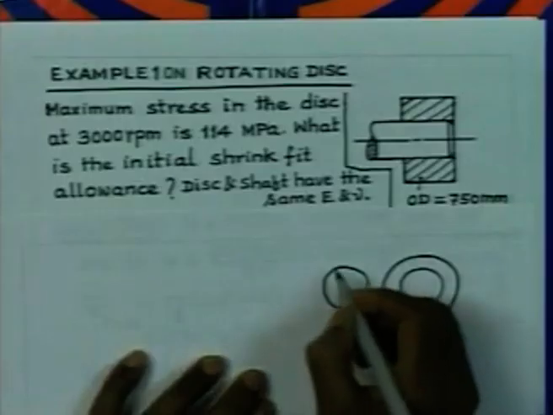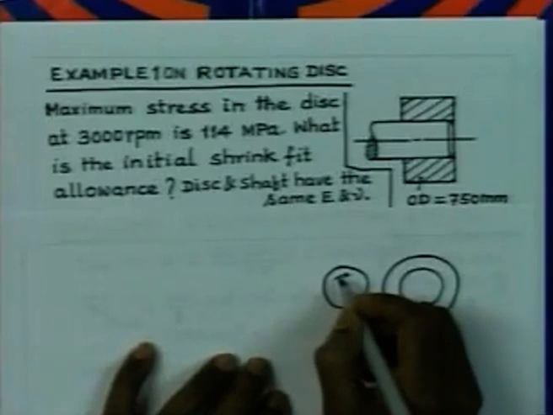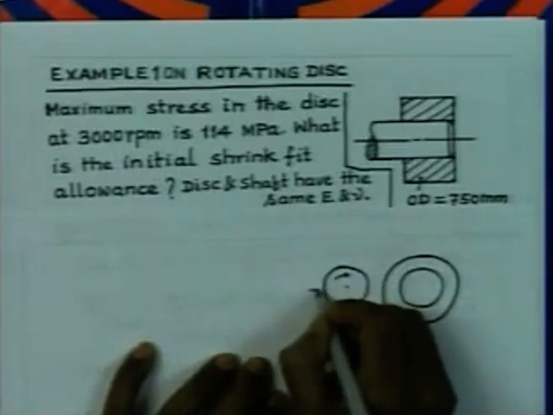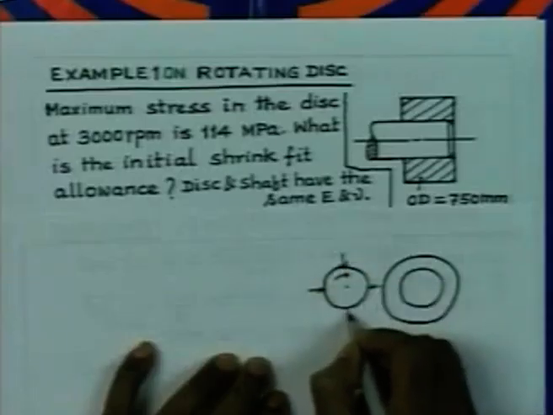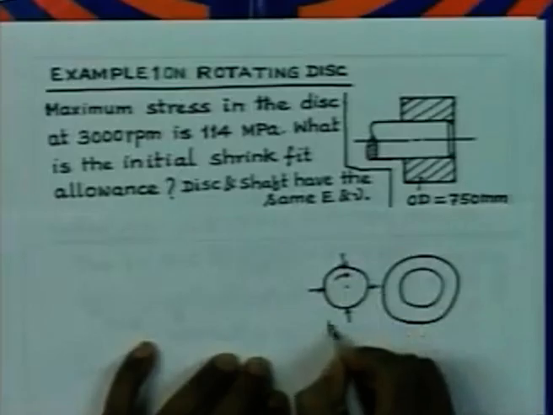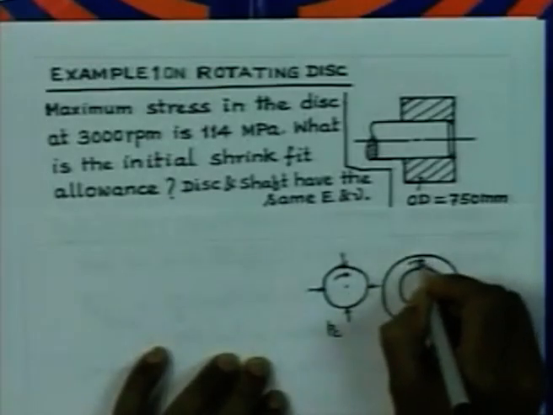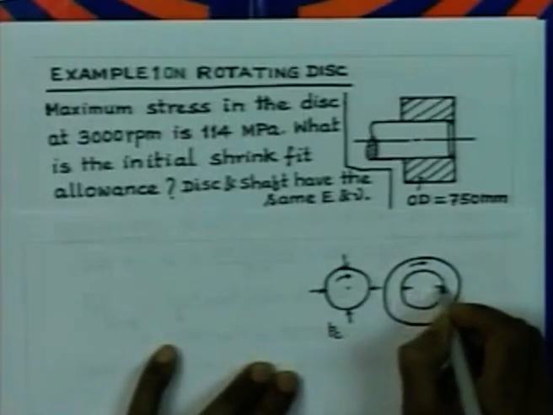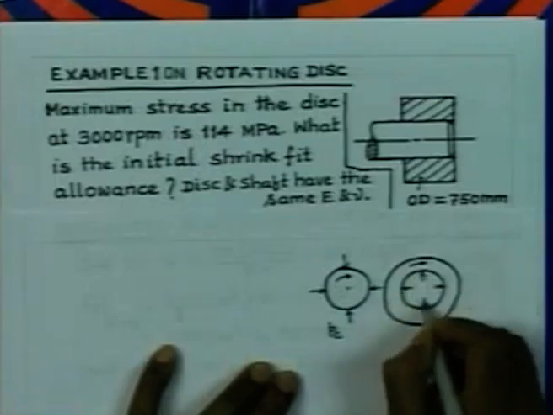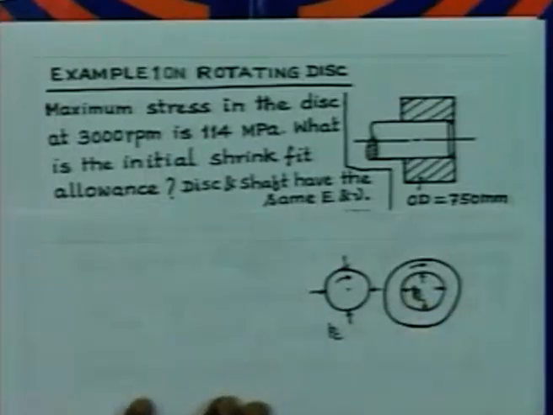At the RPM, we have the picture like this: the shaft is rotating, and at the same time we will have some contact pressure, let us say PC, acting on the shaft. Similarly, the disc is rotating, and at the same time it is going to have the same contact pressure PC acting at the inner surface.